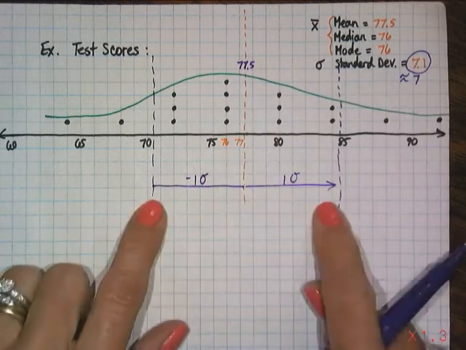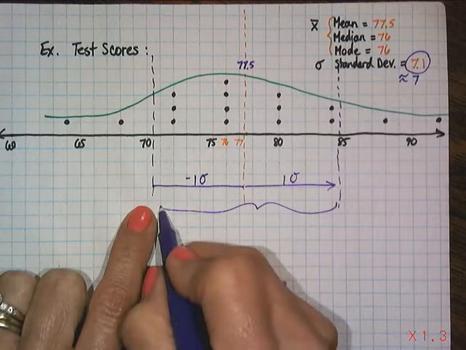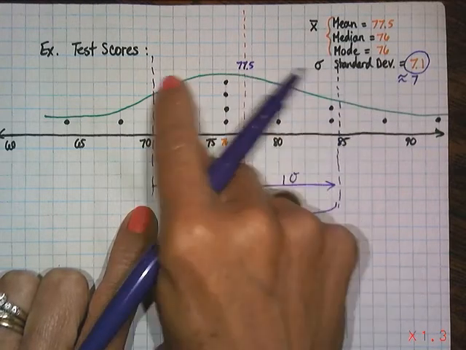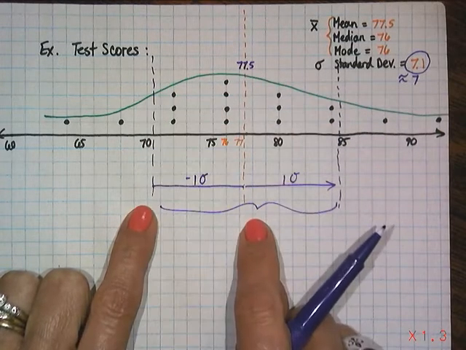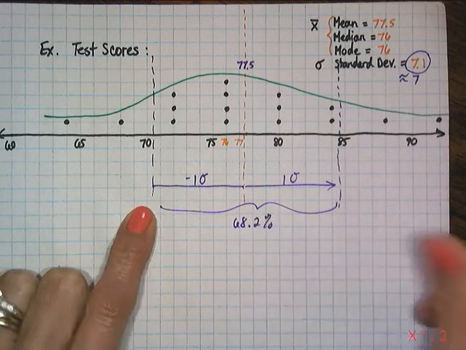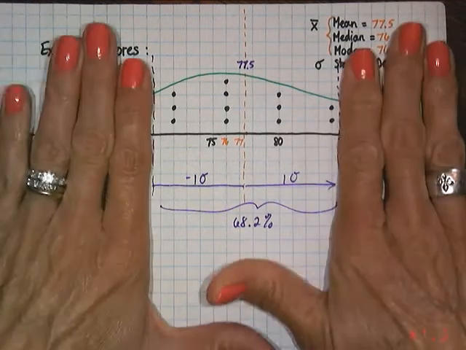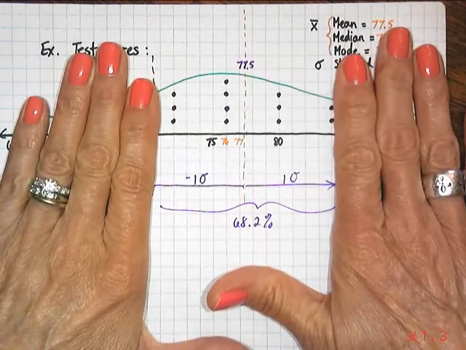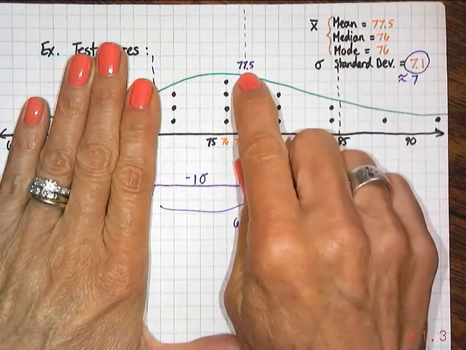And so what I'm trying to show you is that if I go 7 units larger than 77.5 and 7 units smaller than 77.5, I am encompassing 68.2% of my data. 68% of the class scored within 7 units of 77.5.